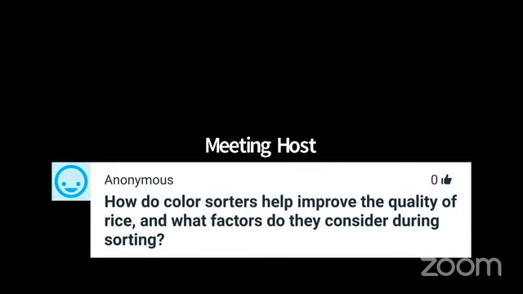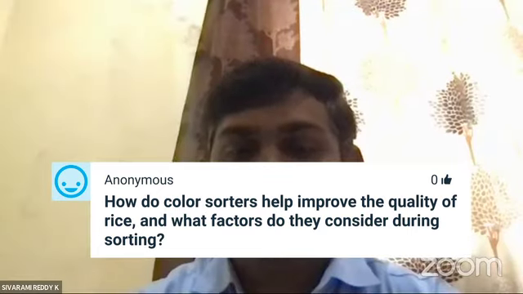How do color sorters help improve the quality of rice and what factors do they consider during sorting? Color sorter will separate only black and red and some other different colored rice. This machine only will separate the different color of grains. That's it. You can get uniform colored rice, only white rice, for packing and forwarding. With this, we can improve our brand.